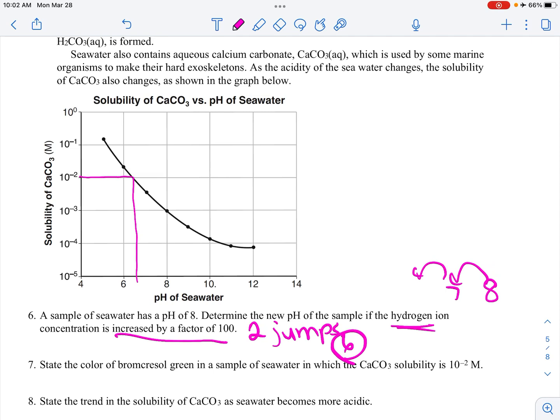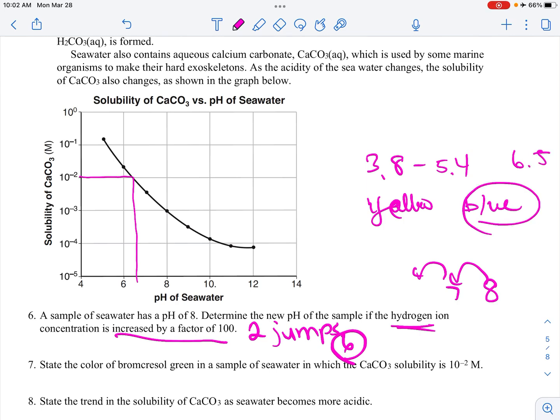So let's go to table M. You should be looking at table M. Bromocresol green. And now 6.5 or whatever it is definitely above the high end of the range, because it says 3.8 to 5.4, yellow to blue. So 6.5 is way over here, so it's going to be blue.